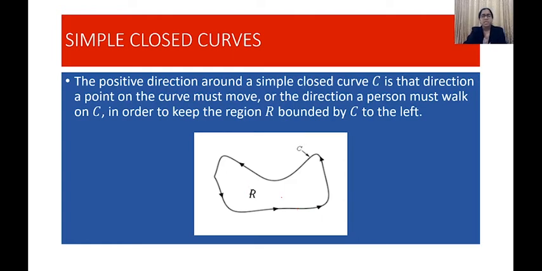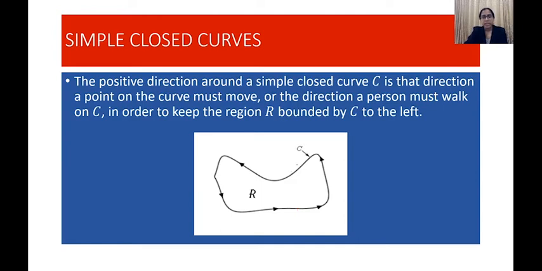Here the positive direction is that direction in which, when you move along the curve, the region lies on your left. Suppose you consider R to be outside this curve, then what will be the positive direction? It will be straight opposite, right?